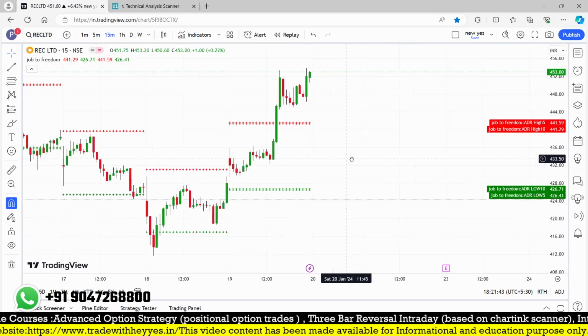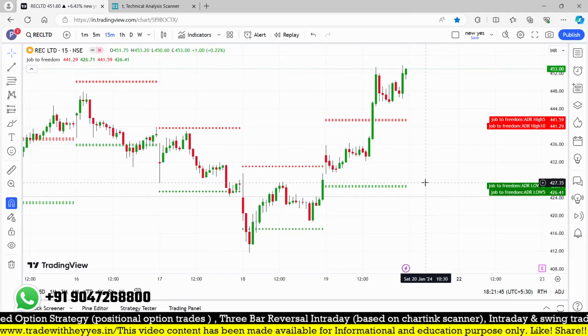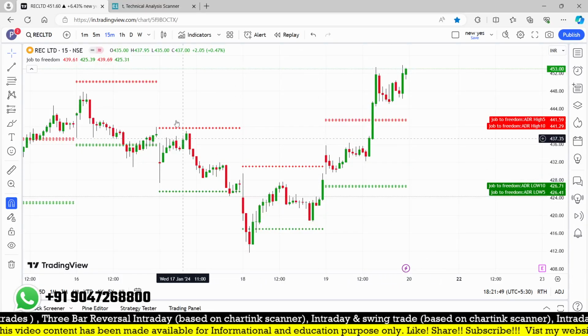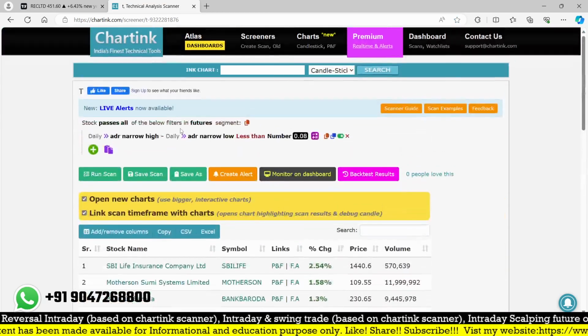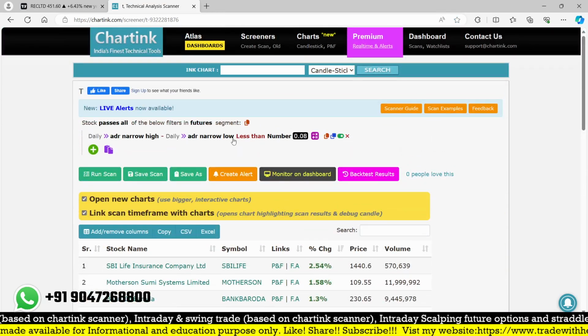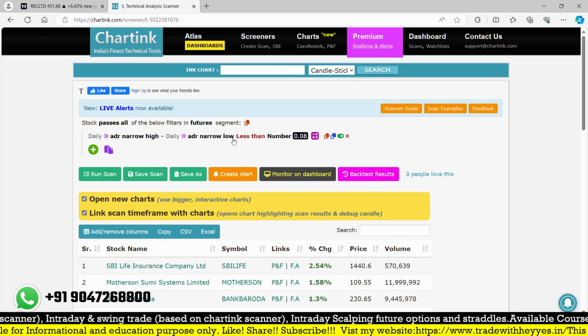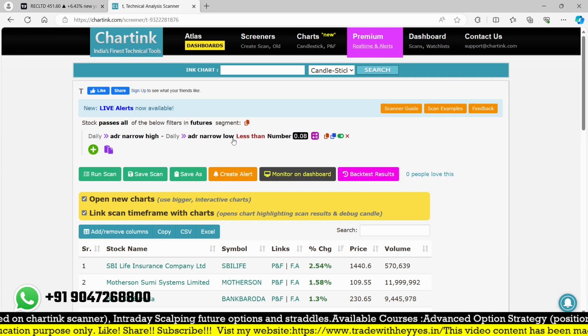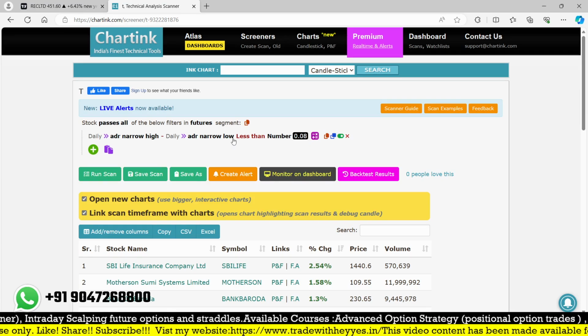Such a good move on REC, which is happening based on this narrow and the previous narrow. So how do we find it? Simply with a single line of code. It is not really a single line, we have made a lot of customization in this indicator, so only then is it possible with one line.